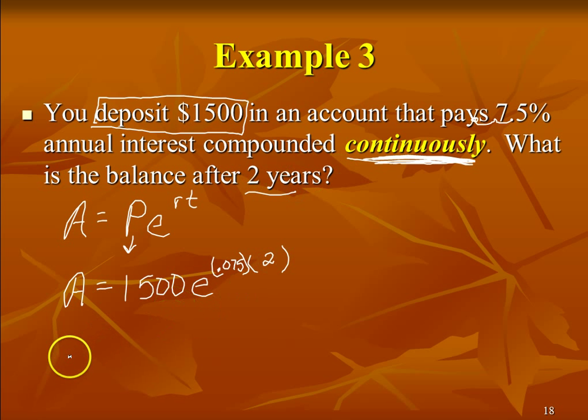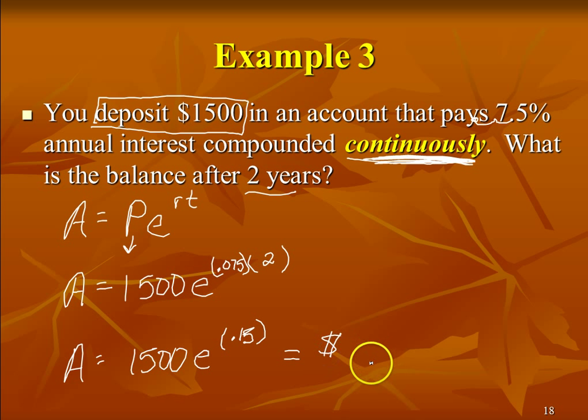Now, you can probably plug it in like it is, or if you want to make it a little bit easier, you can do the 0.075 times 2 and make that 0.15. Okay, but either way, you're plugging it in. Remember, e is your button, 2.718. You plug that in.